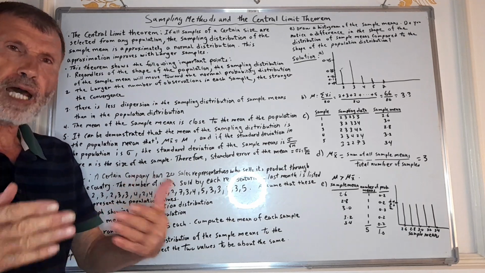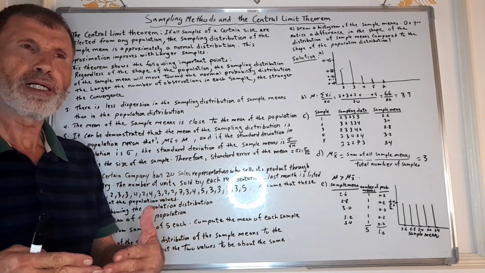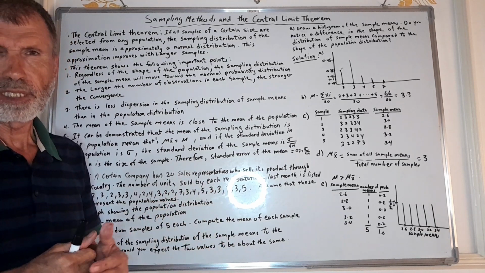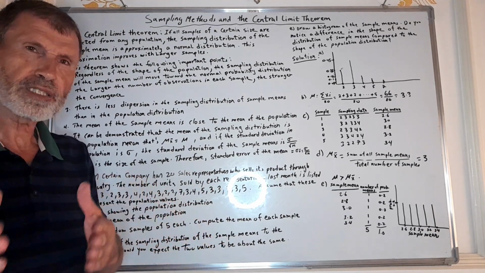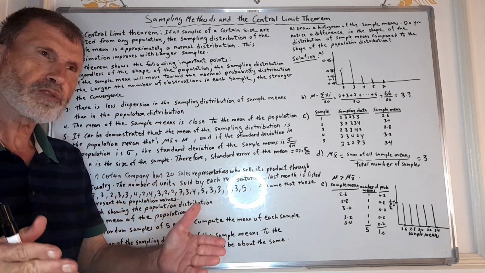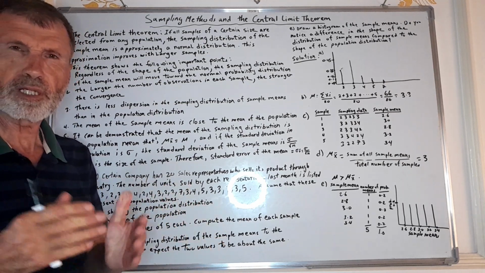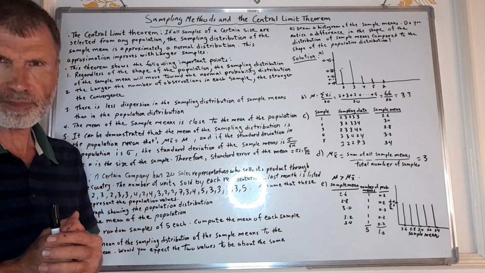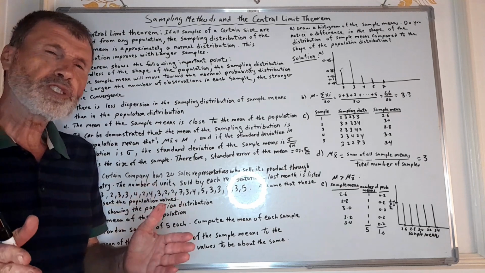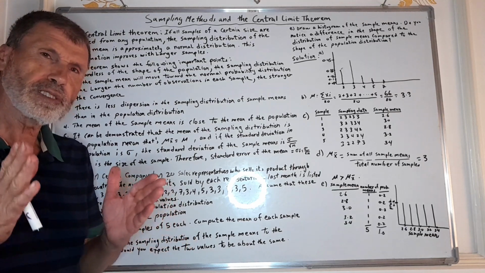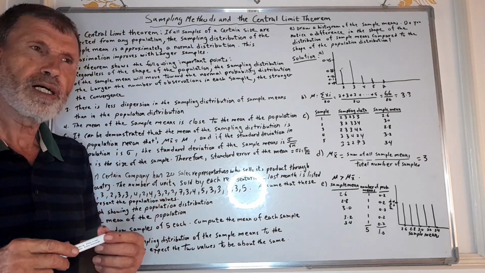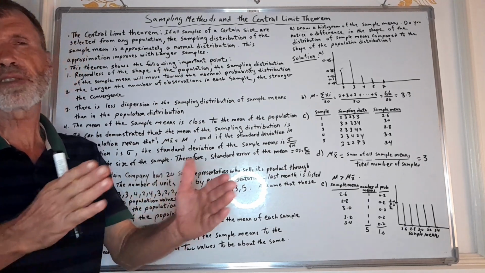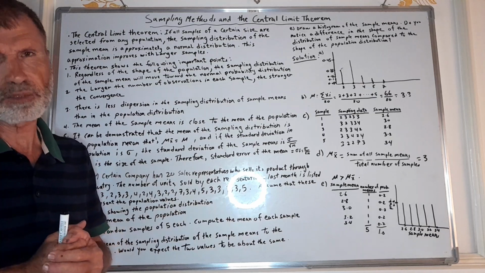Now, when we sample from that population, samples of size 5, we sample about 25 samples of size 5. That is, each sample consists of 5 items. The distribution of the sample means was different. The shape of that distribution was different than the population distribution.